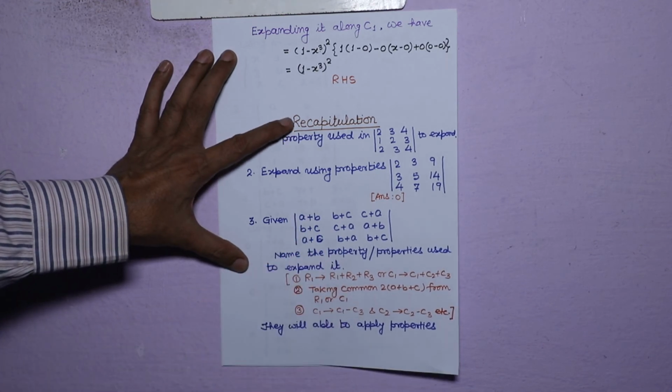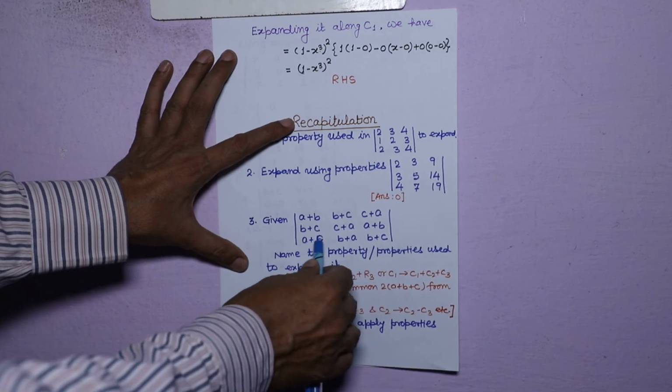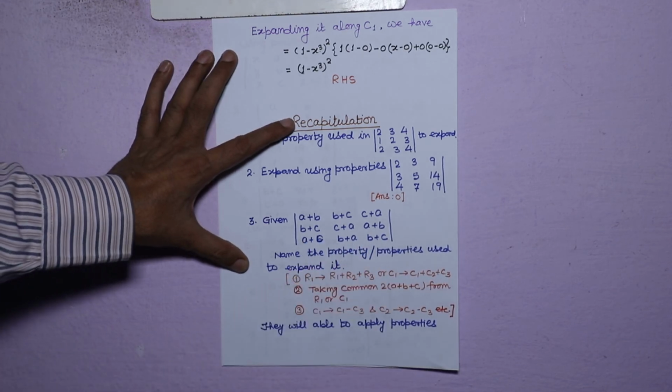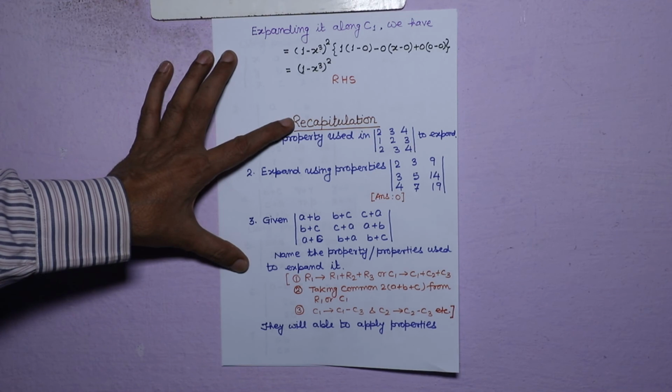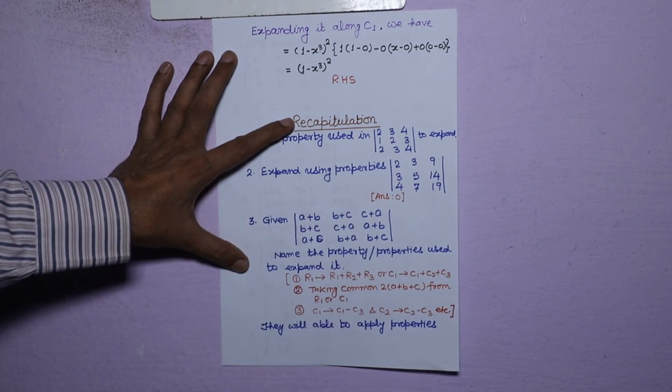Given a plus b, b plus c, c plus a; b plus c, c plus a, a plus b; c plus a, a plus b, b plus c. Which property you will use to expand? First you can see, if we are adding, we will get the same value.